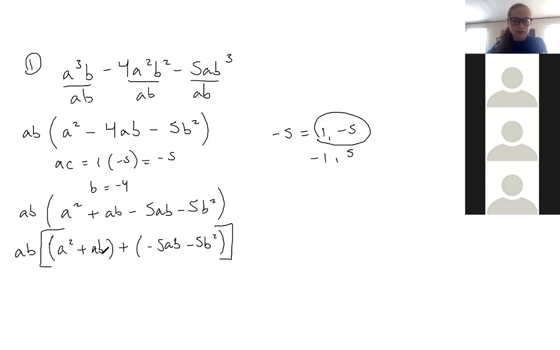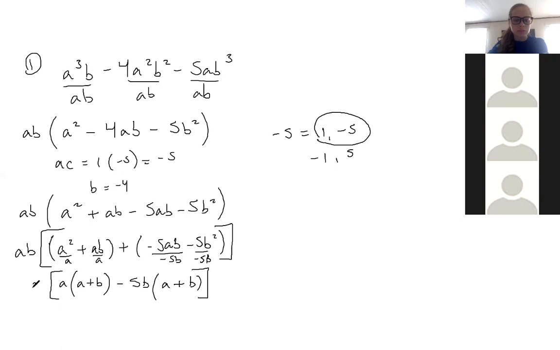I can pull an a out of this first part, and I'm left with a plus b. And here I can pull out a -5b, and I'm left with a plus b here.